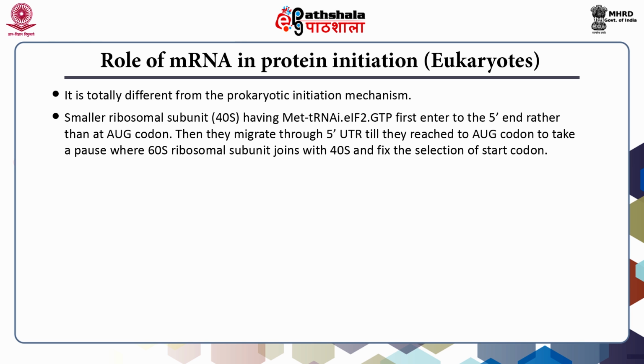The smaller ribosomal subunit having methionine tRNA, initiation factor eIF2 and GTP first enters at the 5' end rather than at the AUG codon. They then migrate through the 5' UTR until they reach the AUG codon and pause, where the 60S ribosomal subunit joins with the 40S and fixes the selection of the start codon.